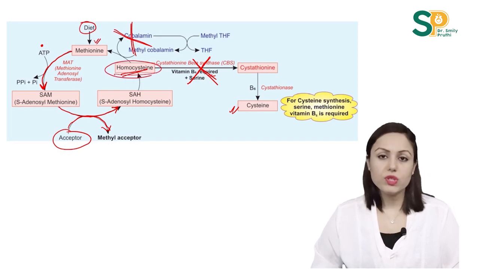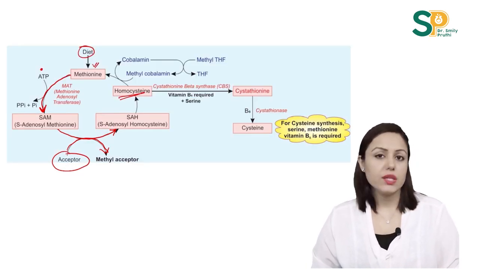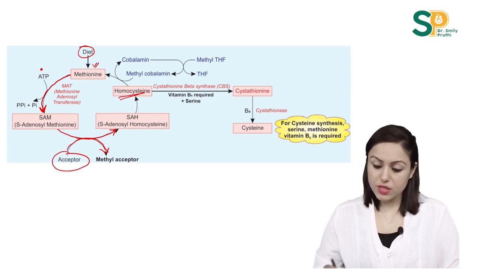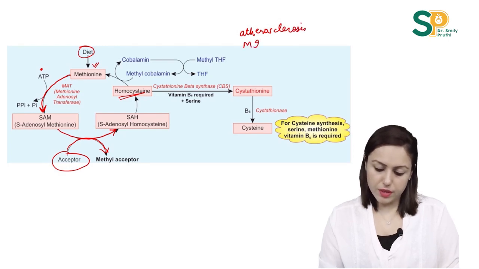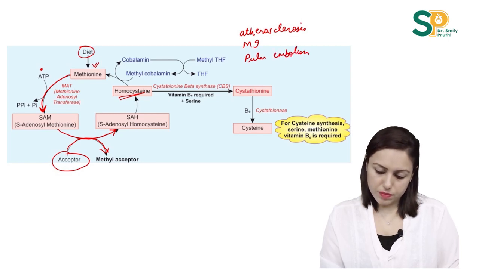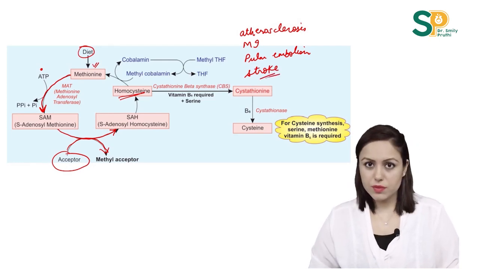Then also homocystinuria can occur. And homocysteine is a dangerous compound because it can lead to atherosclerosis, myocardial infarction, pulmonary embolism, and stroke kind of conditions. So it is very, very dangerous.